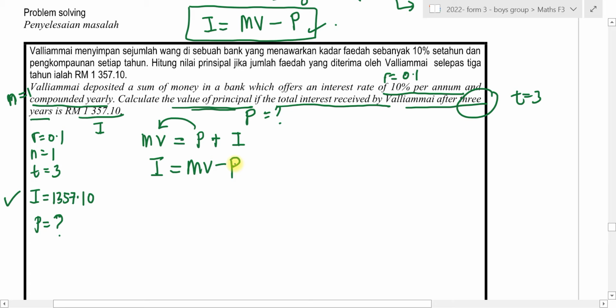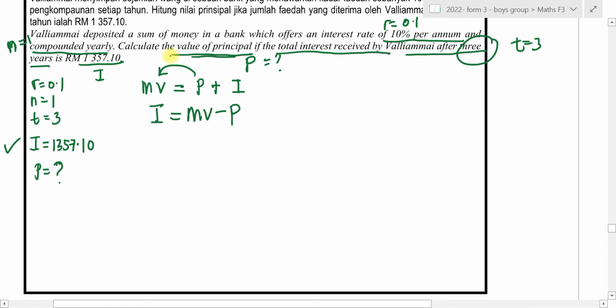Okay, listen carefully, see how I solve. You have your MV formula, P(1 plus R over N) to the power of NT, minus your principal, and you get your interest. Now try to substitute everything that you have.